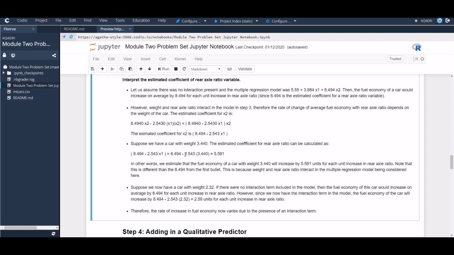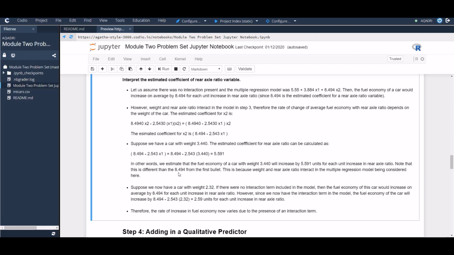Once you plug it in and solve, you get 5.591. That would be the estimated coefficient for x2. So in other words, we estimate that the fuel economy of a car with weight 3.440 will increase by 5.591 units for each unit increase in rear axle ratio.